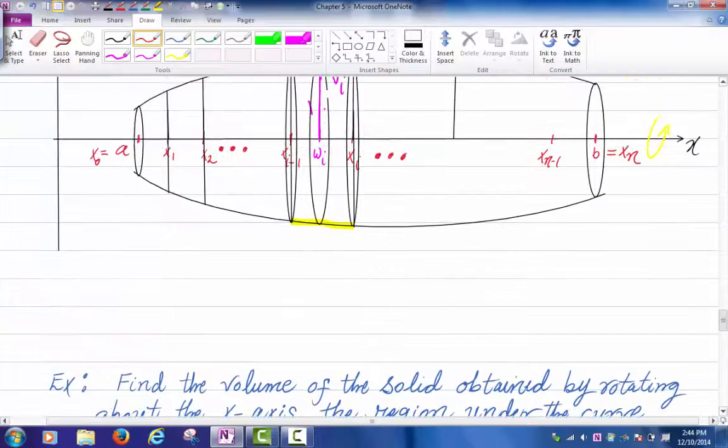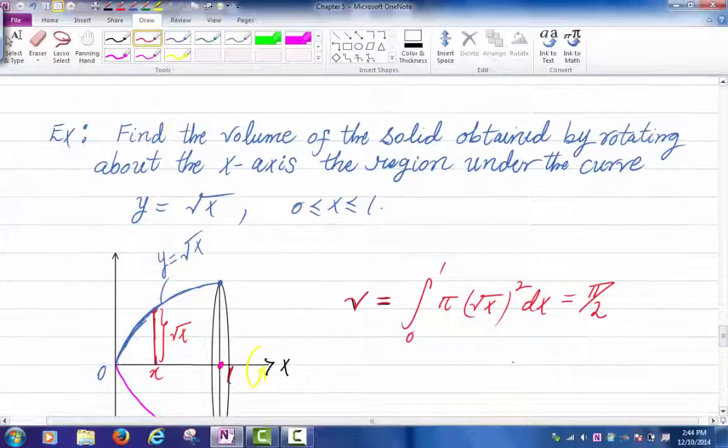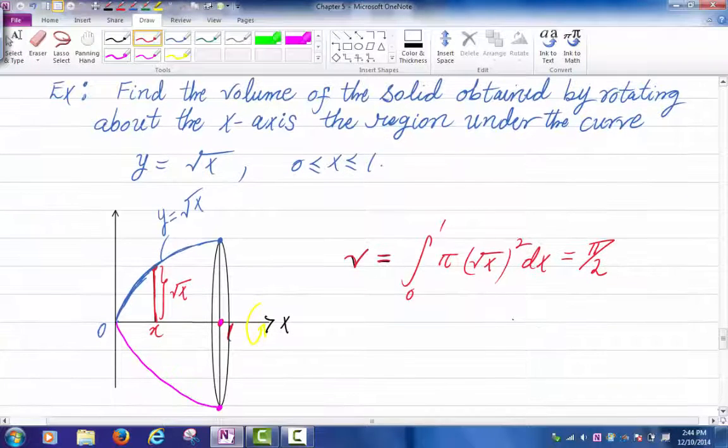Should we do an example? Let's do an example. So let's say find the volume of the solid obtained by rotating about the x-axis the region under the curve y equals root x, where x extends from 0 to 1. So what region are we talking about? The region below the graph of root x.